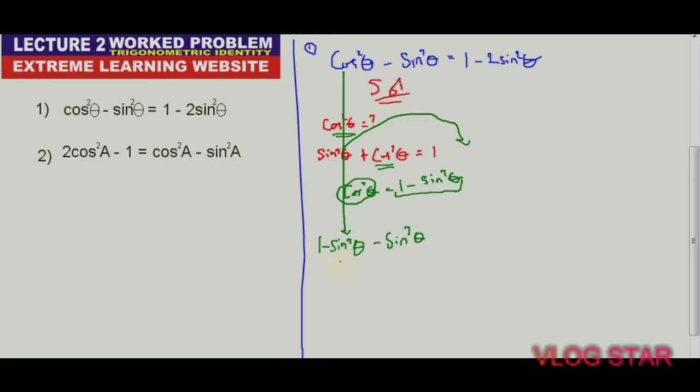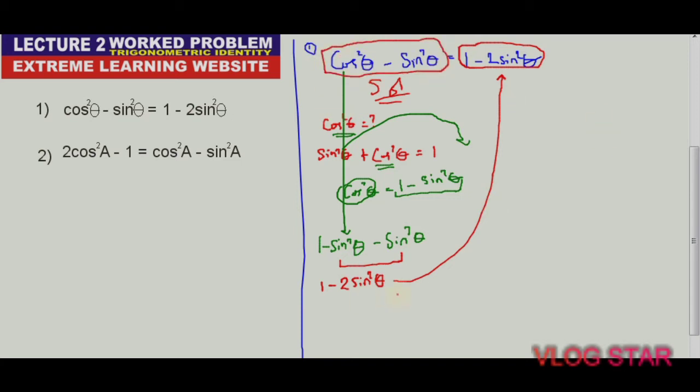So this sine square theta minus another sine square theta gives 1 minus 2 sine square theta. And this is what we're going to have. So we have successfully proven that this is equal to this over here. Just check it out, you notice that they are the same thing. From this expression, we're able to derive that the left hand side is equal to the right hand side. And that is all about this identity proof.